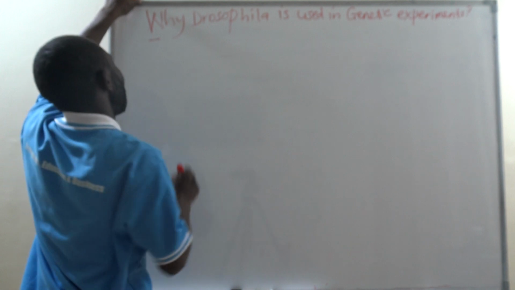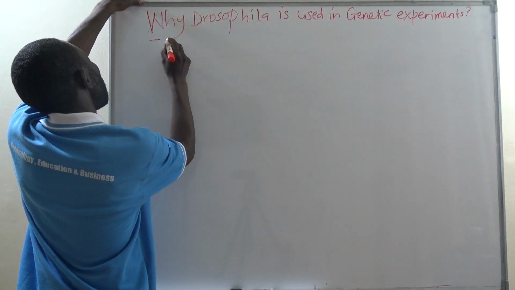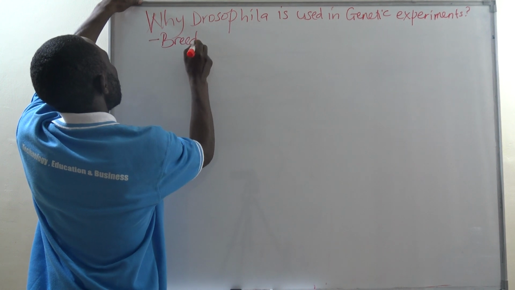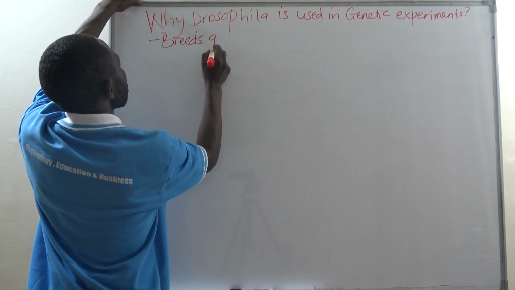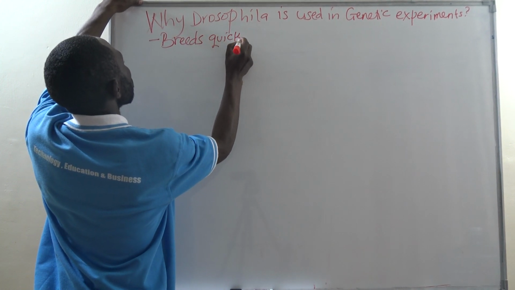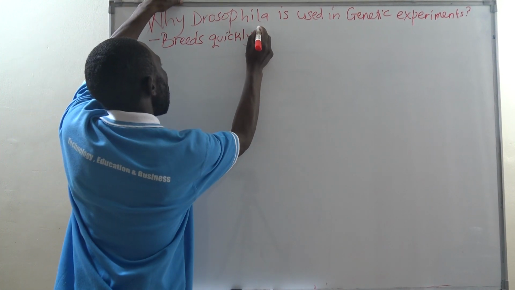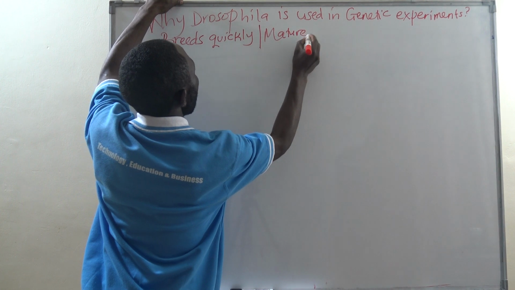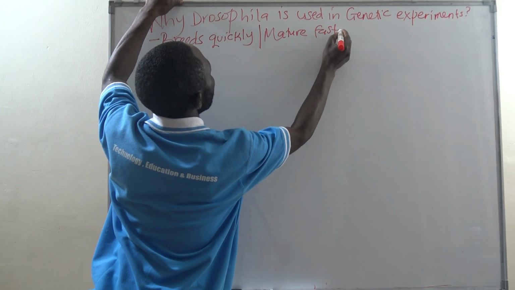One of them is that they mature faster, or breed quickly.